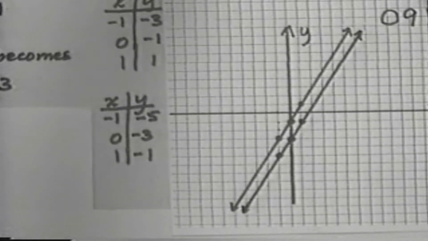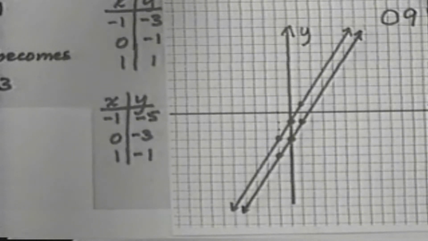So here the two lines are. Remember that the solution for a system of equations is the point or points of intersection. Where are the point or points of intersection? Do you see any? There are not any points of intersection.